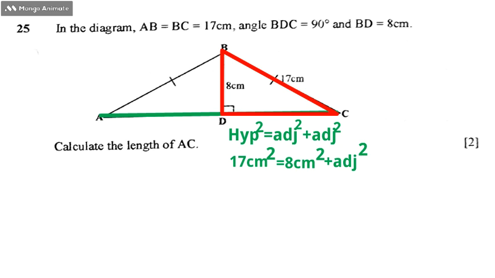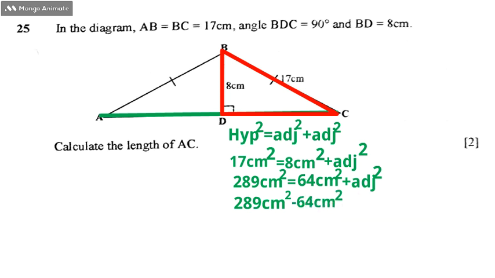Then I'm going to evaluate 17 squared, which gives me 289, which is equal to 8 centimeters squared, which gives me 64 centimeters squared, plus adjacent squared. Now I'm going to put the right terms together. So it's going to be 289 centimeters squared minus 64 centimeters squared. Why minus 64?